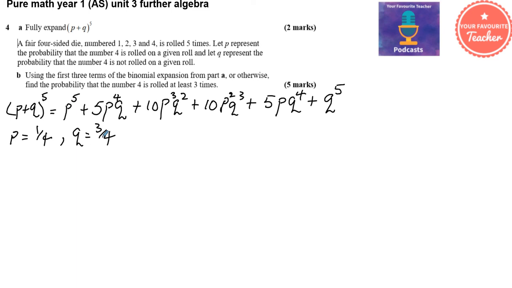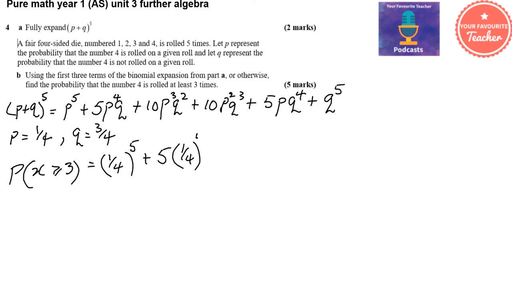Since P is equal to 1/4 and Q is equal to 3/4, the probability X is greater than or equal to 3 is P to the power 5, plus 5 times P to the power 4 times Q, plus 10 times P to the power 3 times Q to the power 2.